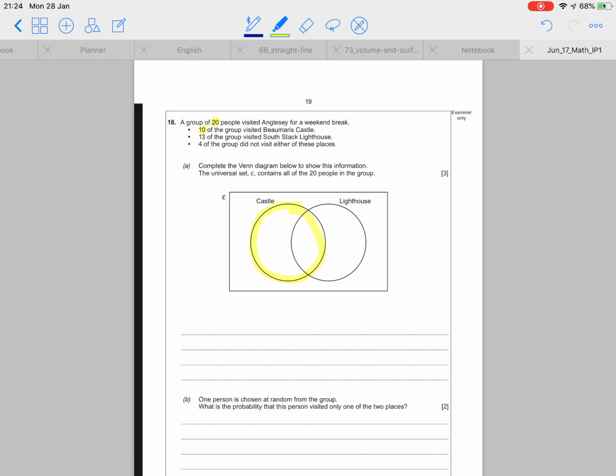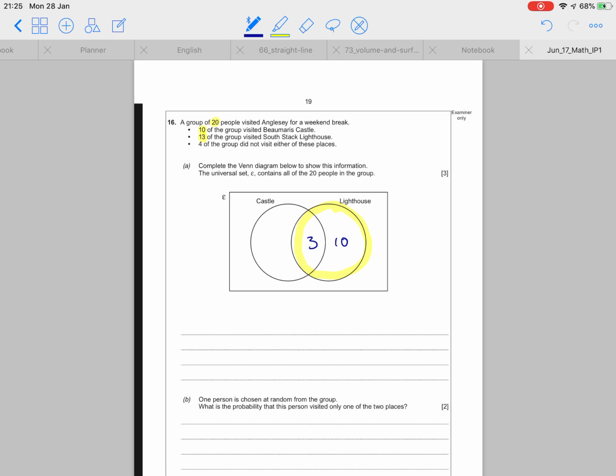Problem I have is that I don't know if it's all 10 of the people in this part, if it's all 10 of the people in this part, maybe it's 5 by 5, I just don't know yet. 13 of the people visit the lighthouse, so in a similar way, 13 people are in that circle.